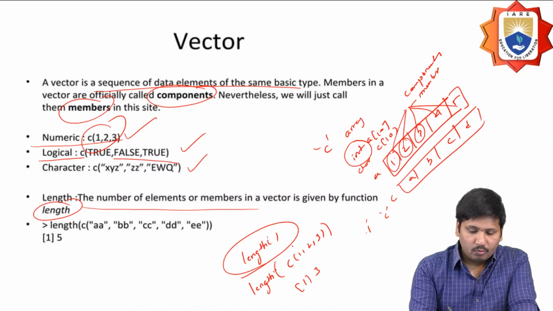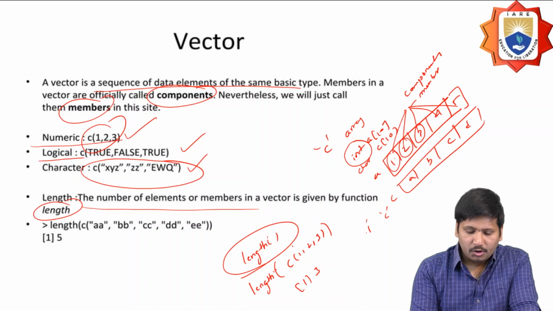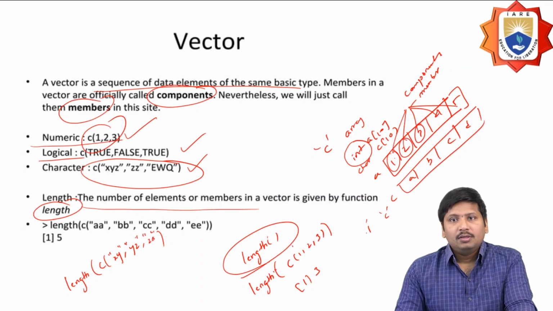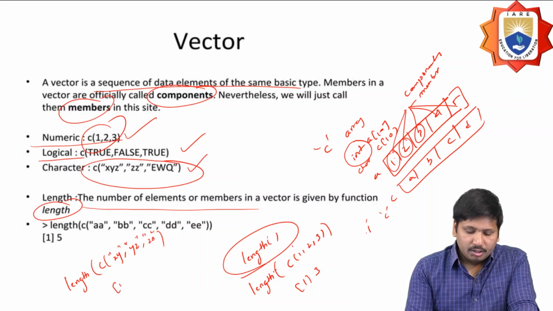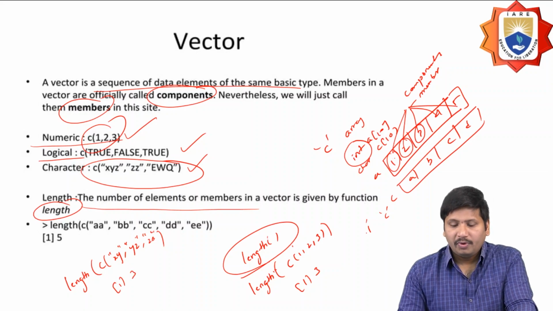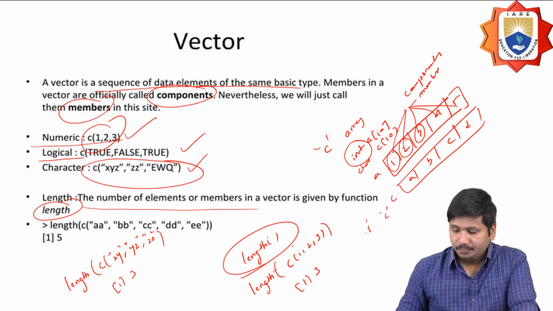Similarly, if I want to find the length of this other vector, I can make use of the length function, pass this vector, and it returns that the length is 3. So like this I can find the length of a vector by making use of the length function.